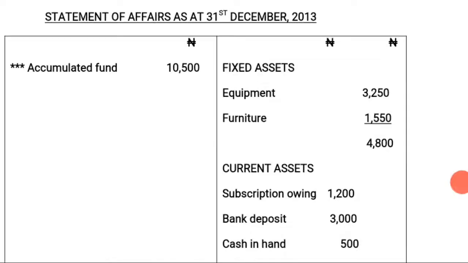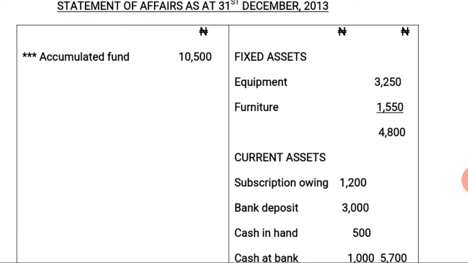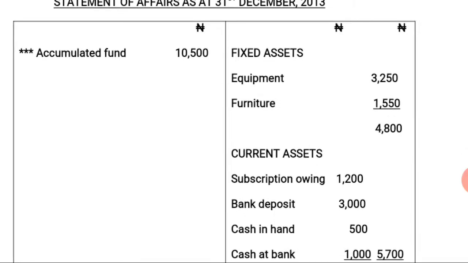When preparing the statement of affairs as at the beginning of the year, the things that we need to note is that we have to bring out all the fixed assets as at the beginning of the year, the current assets as at the beginning of the year, the liabilities as at the beginning of the year.